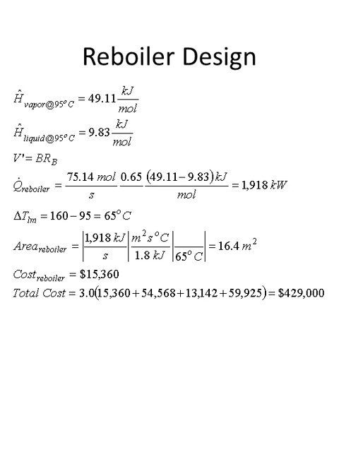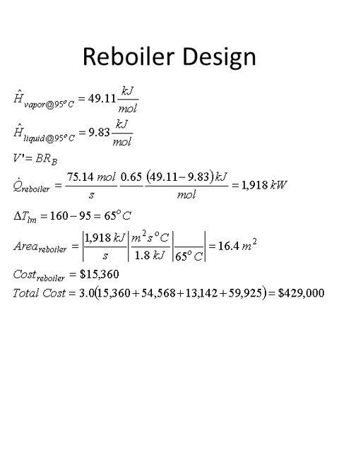1,918 kilowatts. Now, since the temperature doesn't change in the reboiler, and our steam temperature doesn't change, it just goes from a vapor to a liquid, our log mean temperature difference in the reboiler is just equal to the temperature differences between the two streams, in this case 65 degrees Celsius.